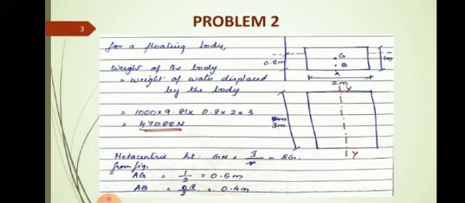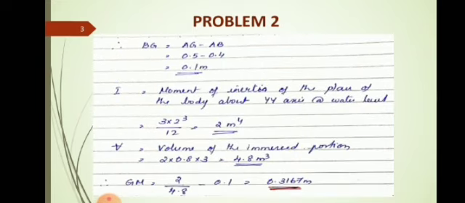So this dimension is 2 meter, this is 3 meter. So 3 into 2 cube by 12. So the moment of inertia of the plan of the body about y-y axis at the water level is 2 meter raised to 4.